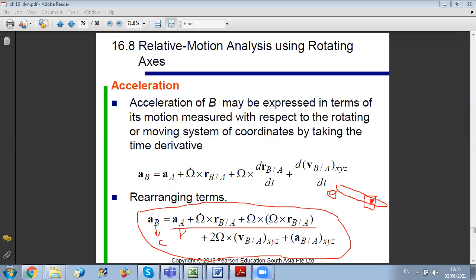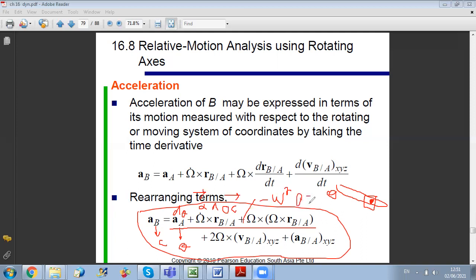Point A is O, here. So when you do AO plus alpha vectorial OC, as vectors of course, now this term, if you remember, I told you omega vectorial (omega vectorial OC) can be replaced in 2D by minus omega square OC.